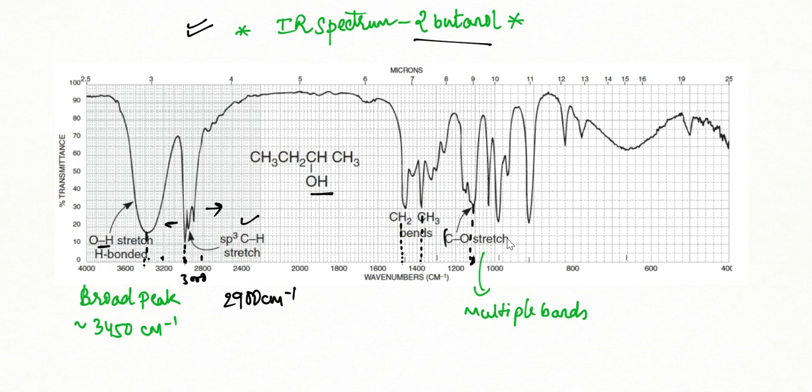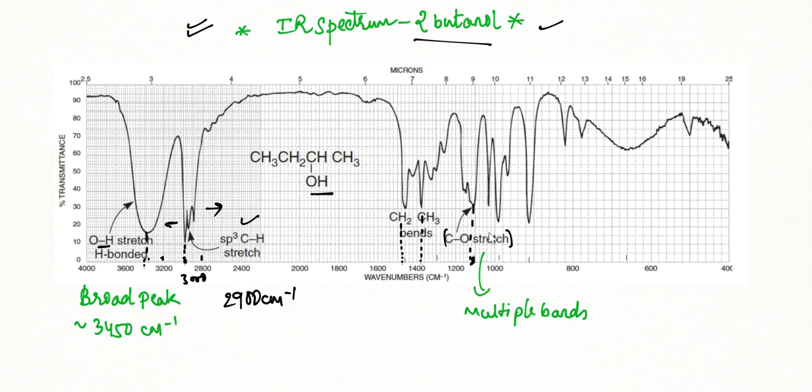This is our carbon oxygen stretching frequency, and over here we are getting multiple bands. So this is what we are having in the IR spectrum of 2-butanol.